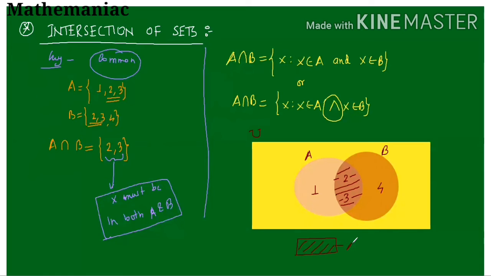This is the intersection. So intersection means the elements which are present in both of the sets, right? So please note it down, and once you finish it, tell me.